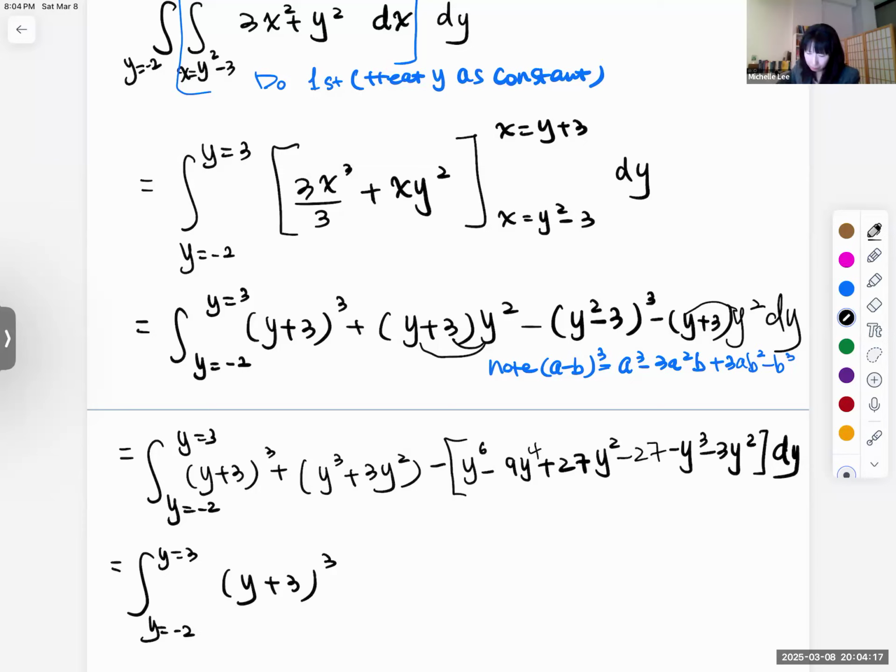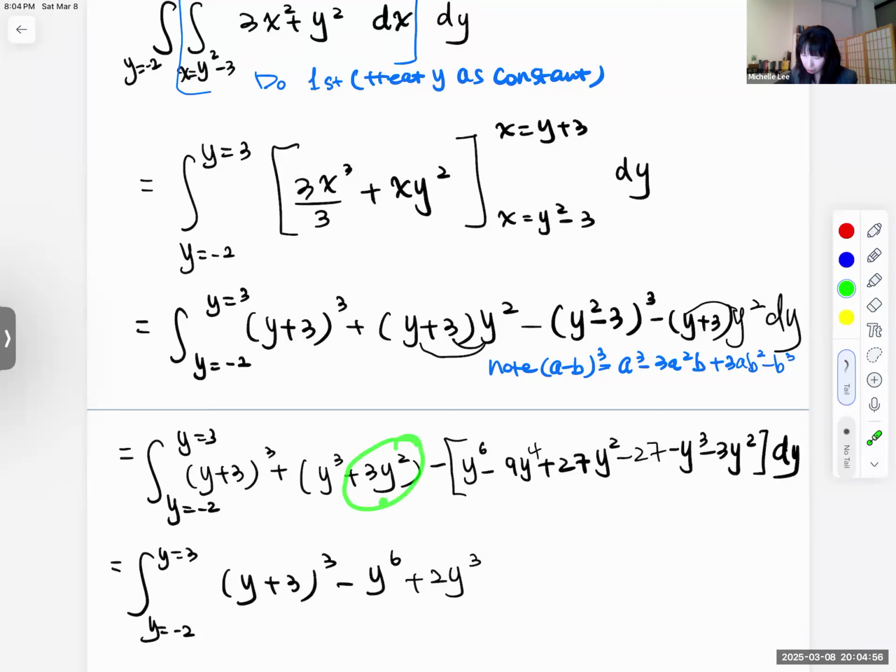Okay, 6th power. So we have a negative y to the 6th power. And the next one is the third power. So we have a positive y to the third, and negative is positive, so 2y to the third. Second power, let's do that.